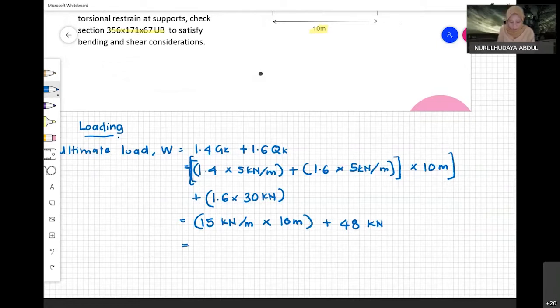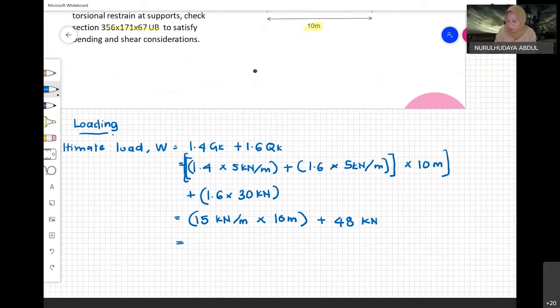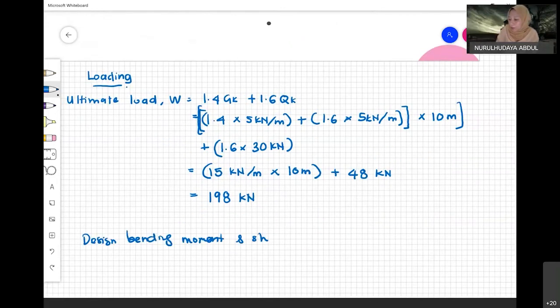Then we can selesaikan semua. I dapat 198. We can actually calculate for design bending moment and shear force.